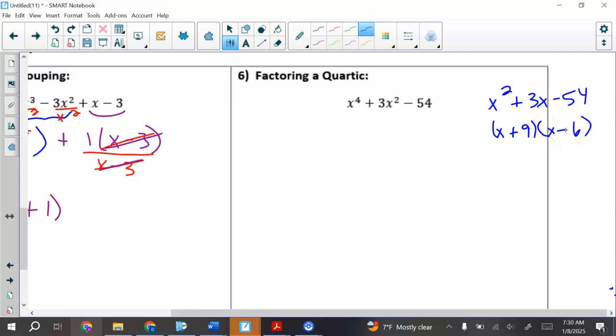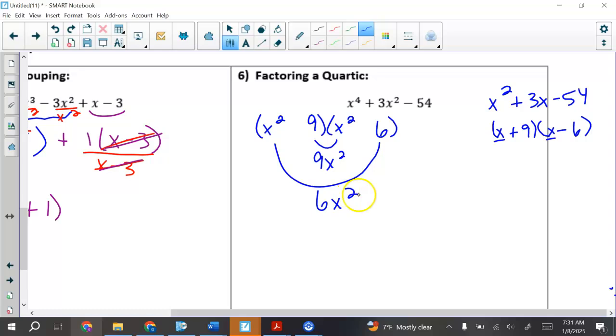Same way, but instead of breaking up the x squared, x and x, since ours is x to the 4th, we're going to break it up x squared and x squared. All right, so again, multiply to be 54, add or subtract to be 3 was 9 and 6. If we check that inside, 9x squared, and that outside, 6x squared, to get a 3, it's going to be a positive 9 and a negative 6.